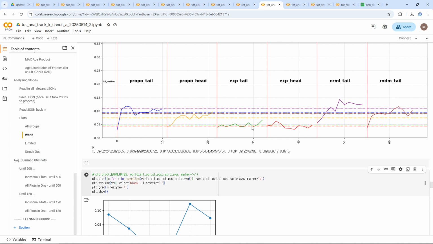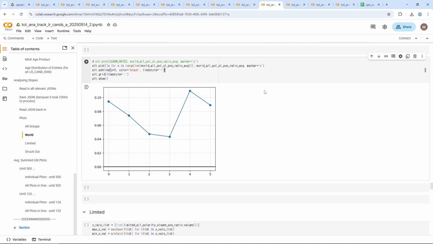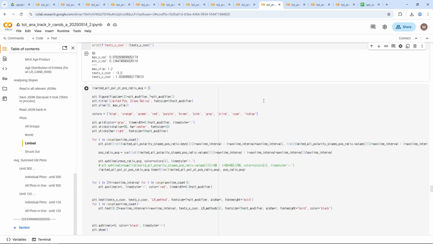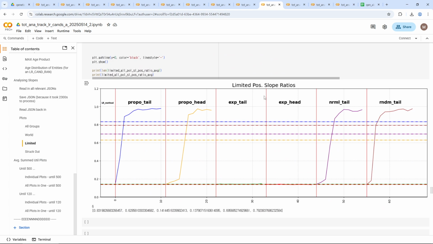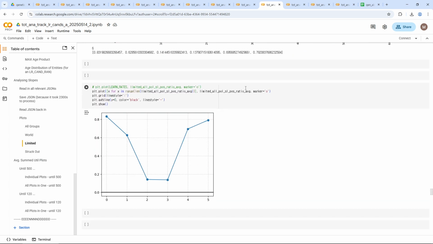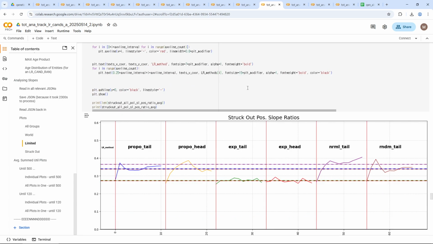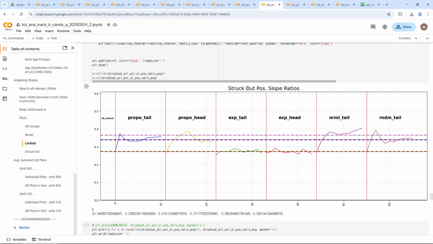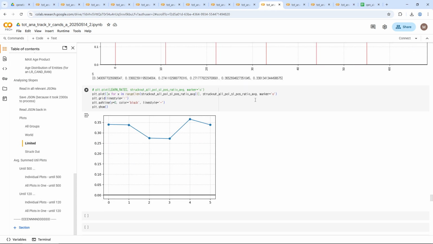For the limited entities, and for the struck out entities.